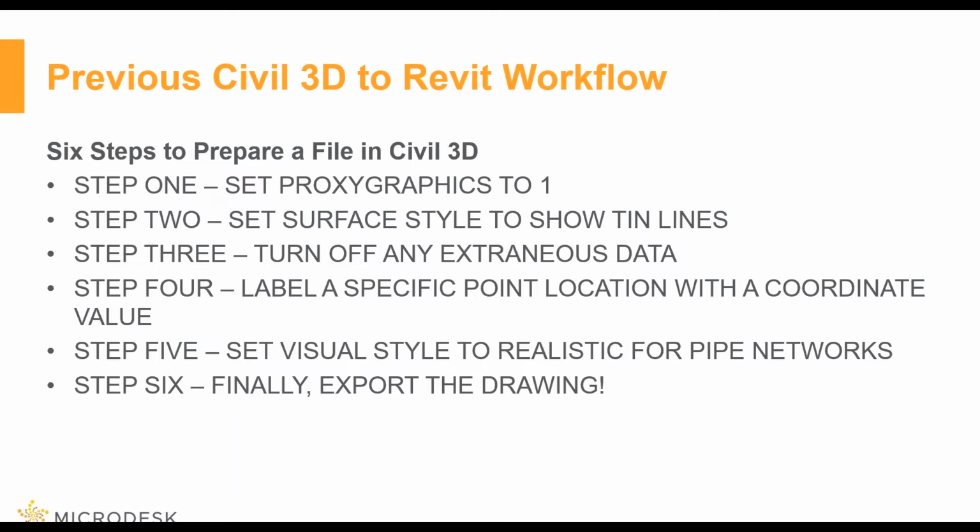We have to set our surface style to show the tin lines, turn off any extraneous data, label a specific point location with a coordinate, set the visual style for realistic if we have any pipe networks we're bringing in. And then finally, when we're done with all that, we export the drawing, and from there, the Revit architect or whoever it might be will be able to pull it in. So it was a little bit tedious for us to be able to prepare the file.